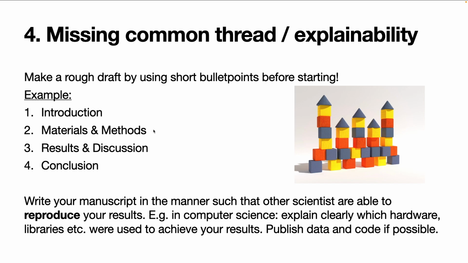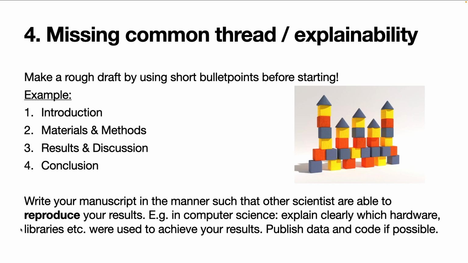For example, in computer science, you can describe the algorithms in the methods chapter. The third point is about results and discussion. So, for example, how did the algorithms perform? And you can also discuss some flaws, for example. In conclusion, you should conclude your work, summarize all the important points, and give ideas on further research.